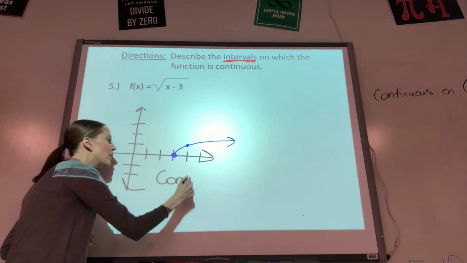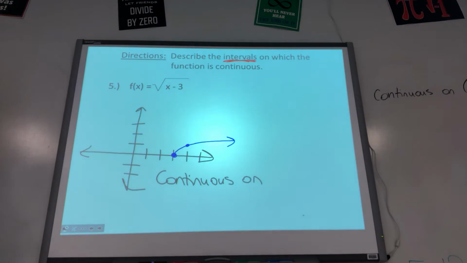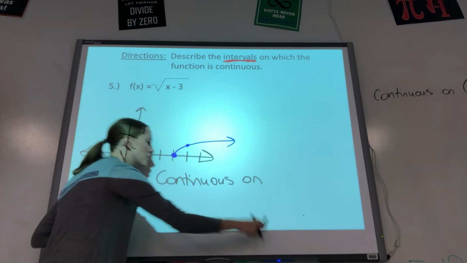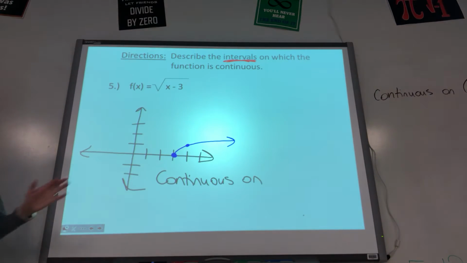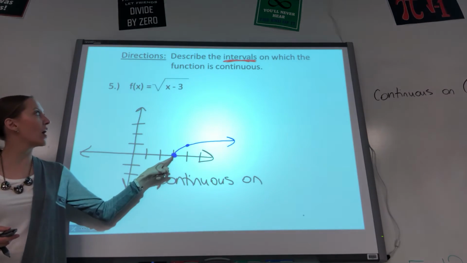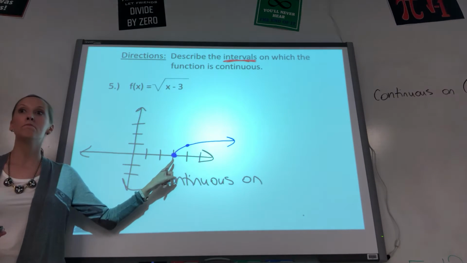Now, to give the interval on which it's continuous, think about, first of all, where the function exists. It does not exist for anything over here. It starts existing where x is 3. Now, are we allowed to equal 3?